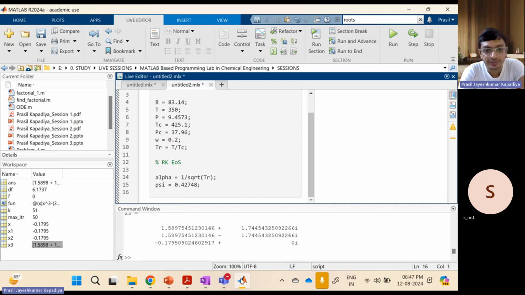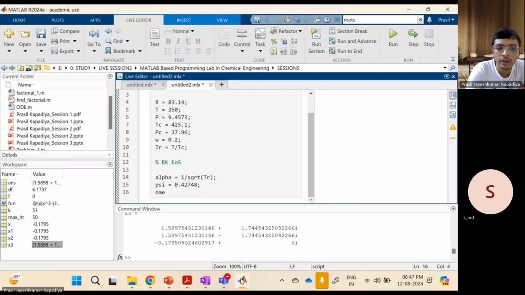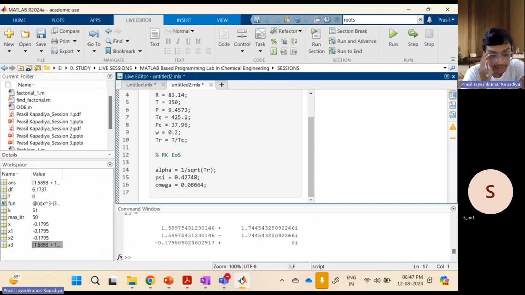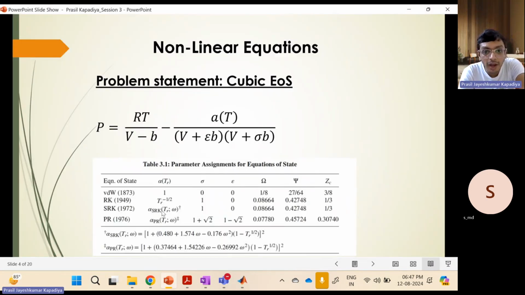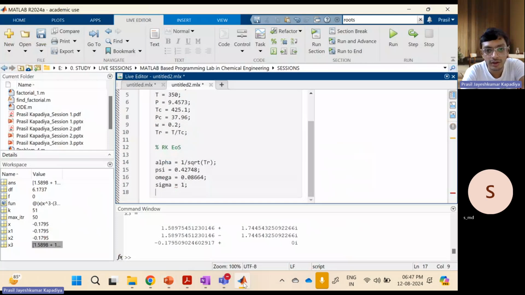Correct? And the value of omega is 0.08664, and sigma is 1 and epsilon is 0, since we are doing RK.